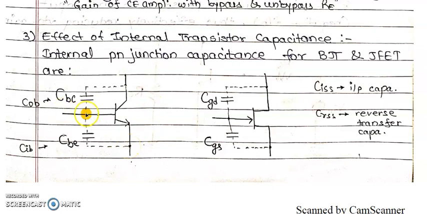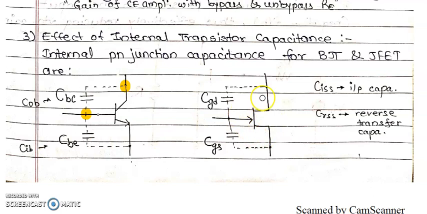Between base and collector there is a capacitor called CBC, or also called COB. Between base and emitter the capacitor is called CBE, or also called CIB.